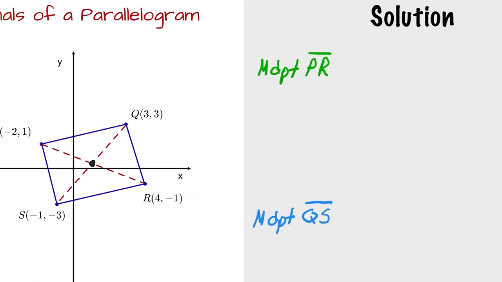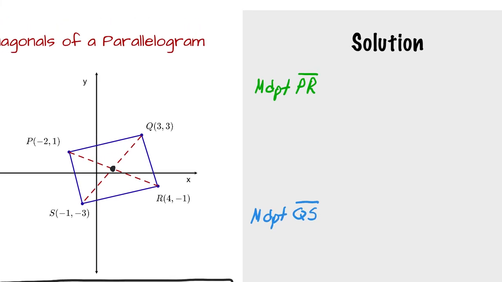So let's plug in our numbers now. So remember that the midpoint equals the addition of the x's divided by 2 and the addition of the y's divided by 2. That's the coordinate we're trying to find.